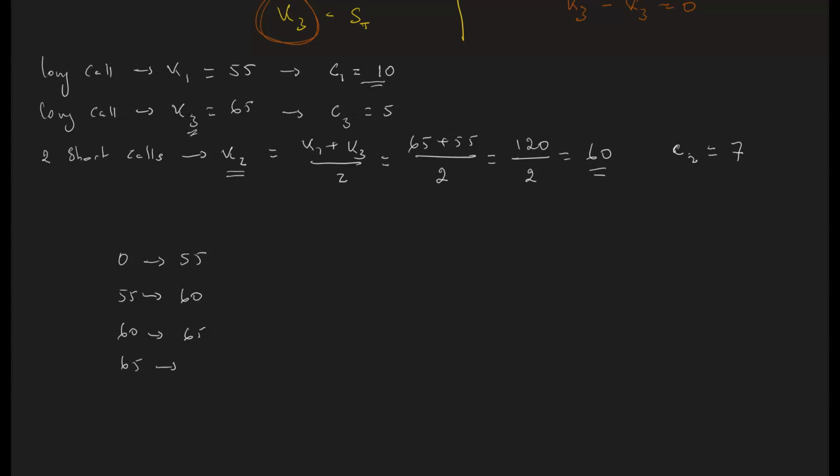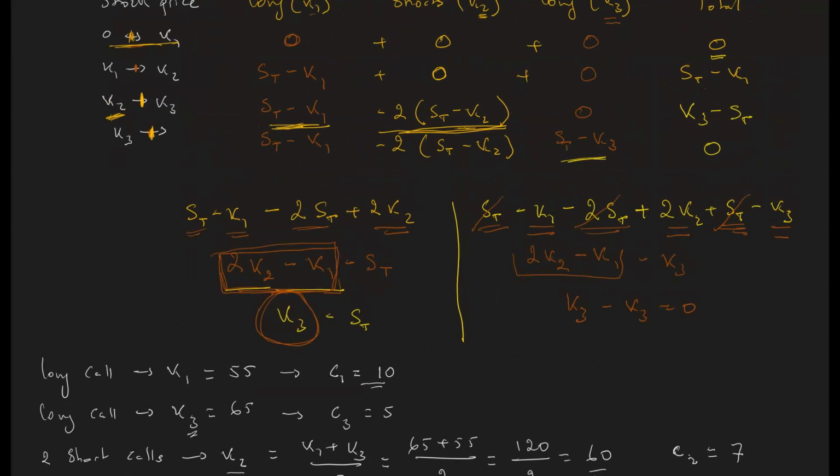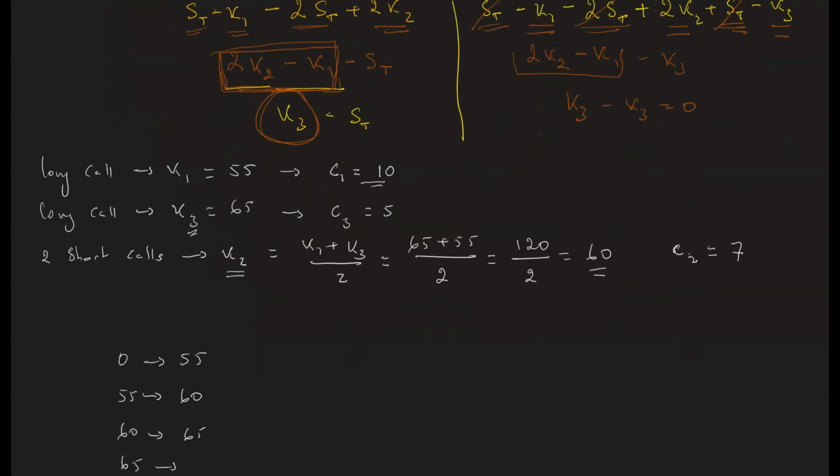And so our payoff is going to be 0 for the first one, stock price minus strike price 1, strike price 3 minus stock price, and 0. So this is what we're going to have.